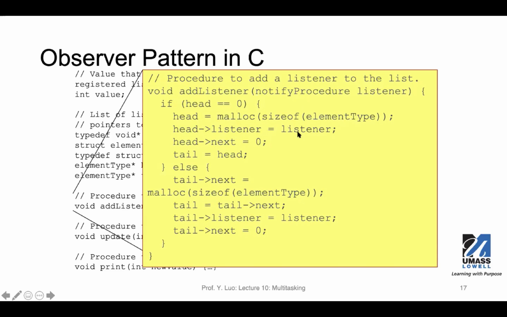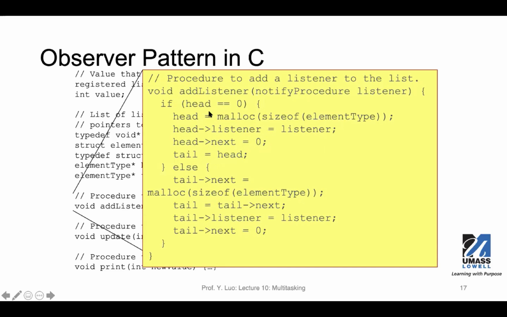So this is the pointer, and we're going to assign this listener pointer to this field in this element node. This listener is the one that's passed in, and this listener is the field that's part of this node. And then head next is a null pointer because this is the very first node that we created, so there's nothing after this. So this is the only node, so the tail is also going to be pointing to this head node. So you essentially create the first node on this linked list.